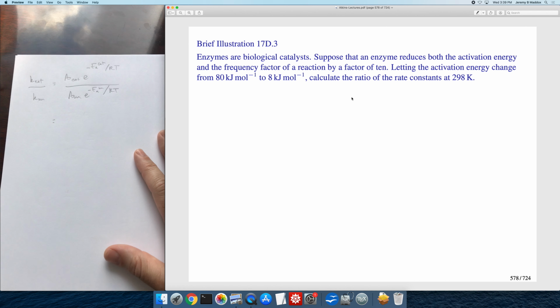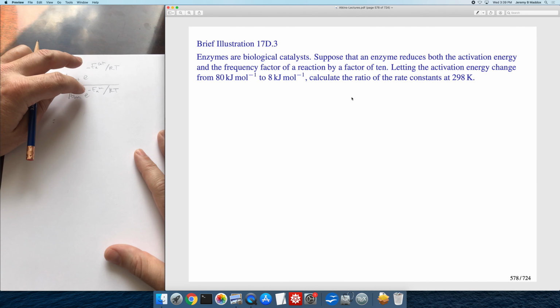What do they say? They say that the catalyzed activation energy decreases by a factor of 10. So this is going to be 1 over 10 times A uncatalyzed in the numerator.